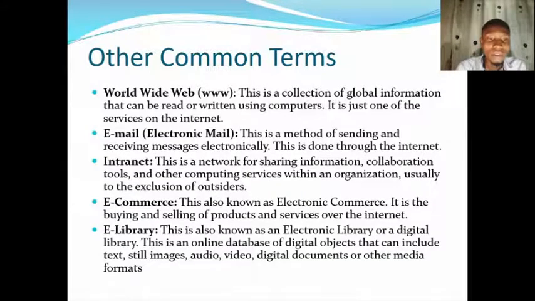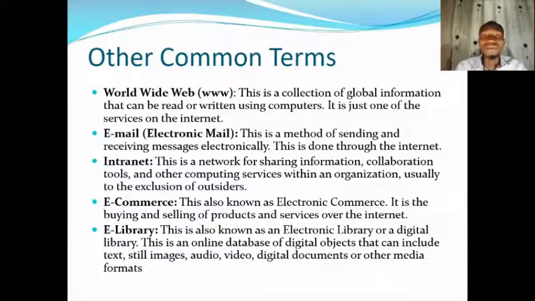We have another one, the e-library. The e-library is also known as electronic library or digital library. This is an online database of digital objects that can include texts, still images, audio, video, digital documents, or other media formats.